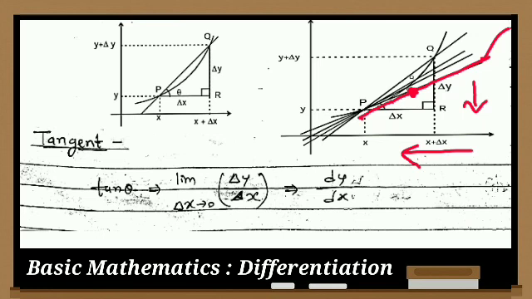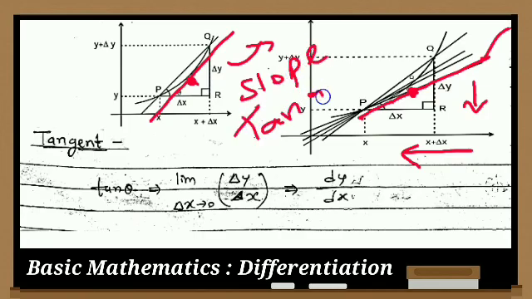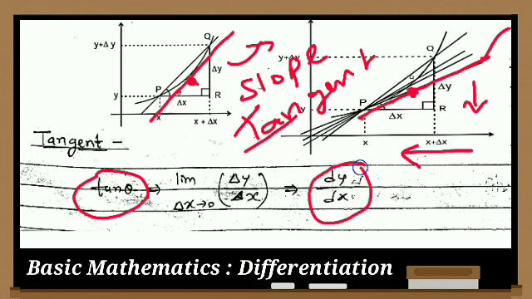If you can't see it properly, you can see in this graph there is a line which touches the curve here, and this line is called the tangent, represented by tan theta, and it is also the differentiation of y with respect to x.